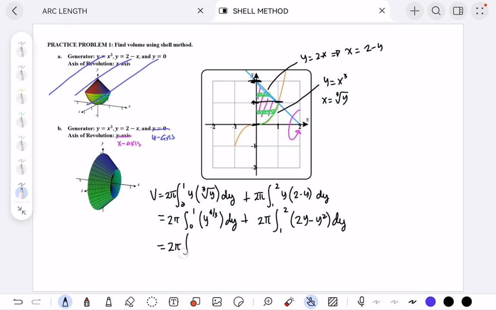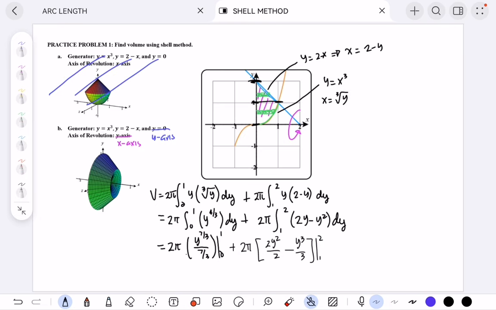Let's integrate now. So I have y to the 7/3 over 7/3, evaluated from 0 to 1, plus 2 pi of 2y squared over 2 minus y cubed over 3, evaluated from 1 to 2.